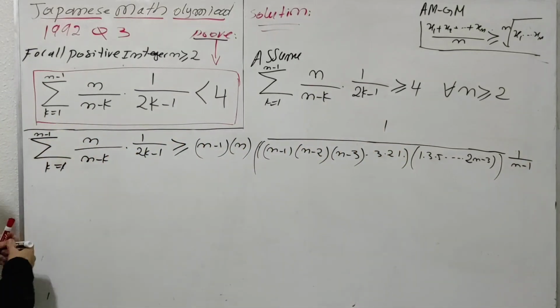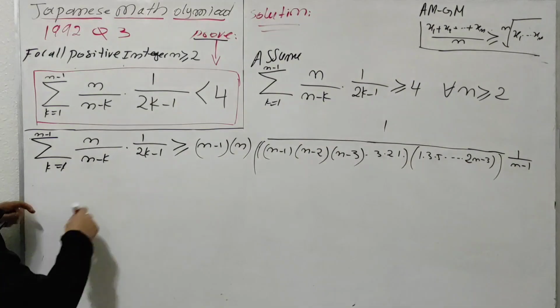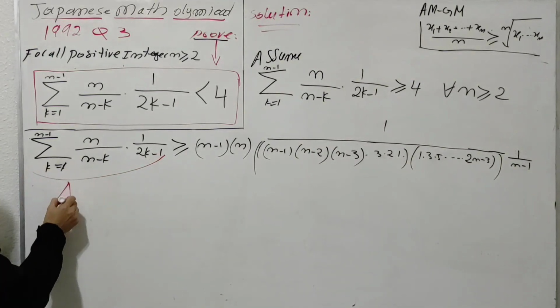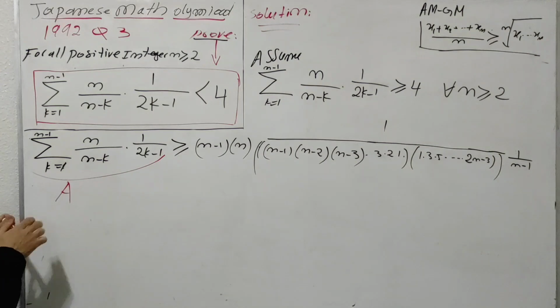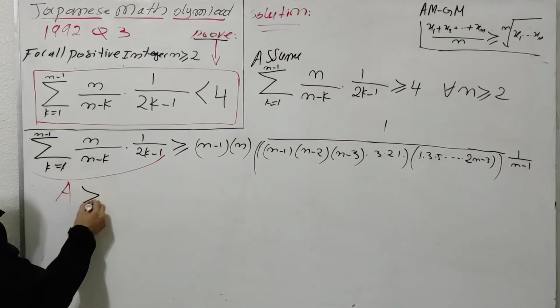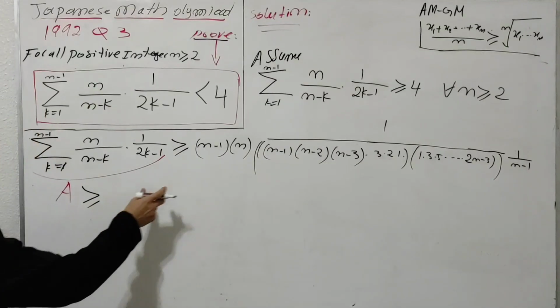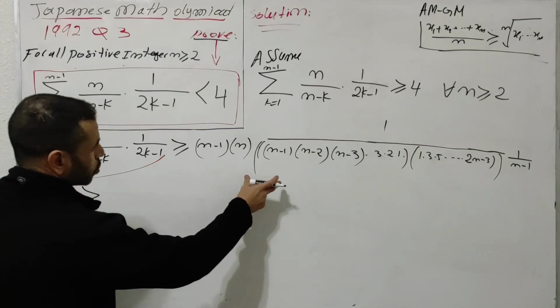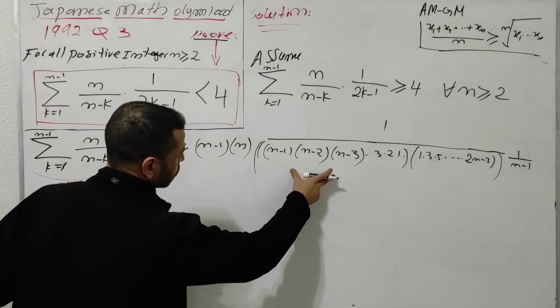So now I'm going to bring this one down here. Let's call it capital A, is superior or equal to this one. I'm going to apply the exponential rule here.